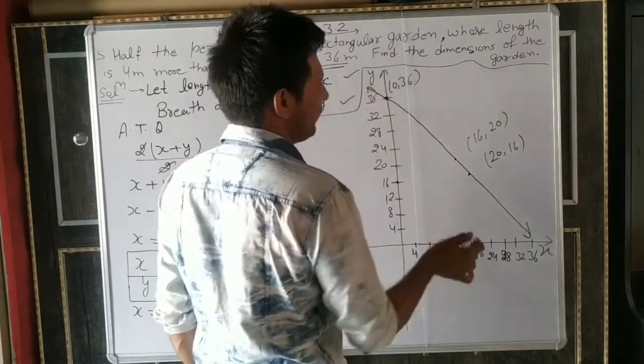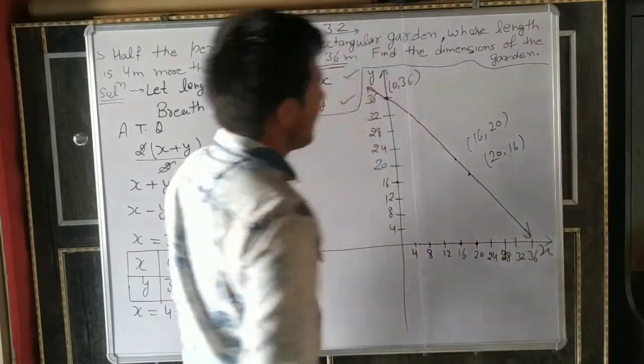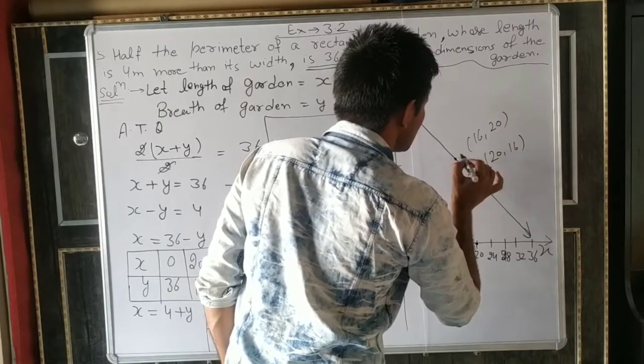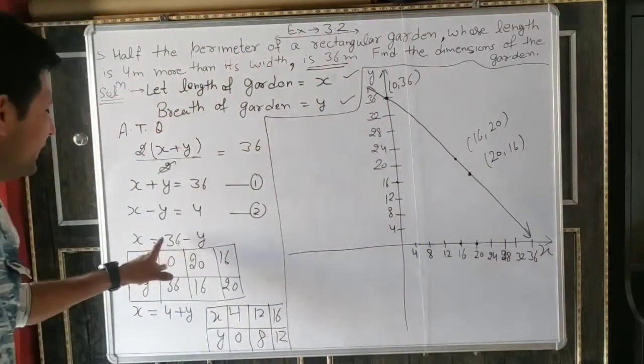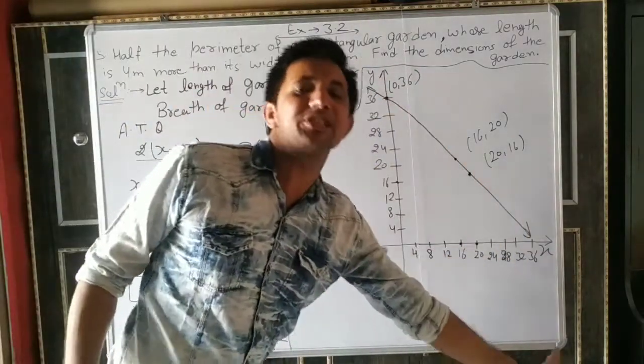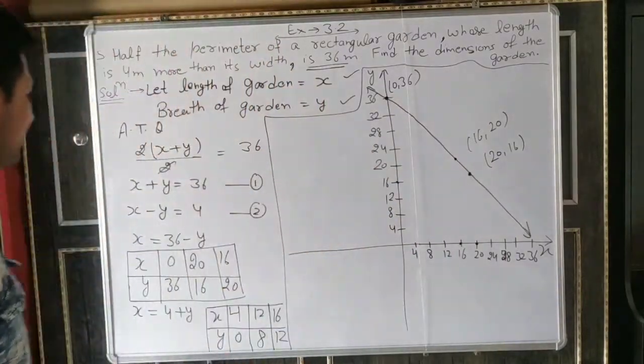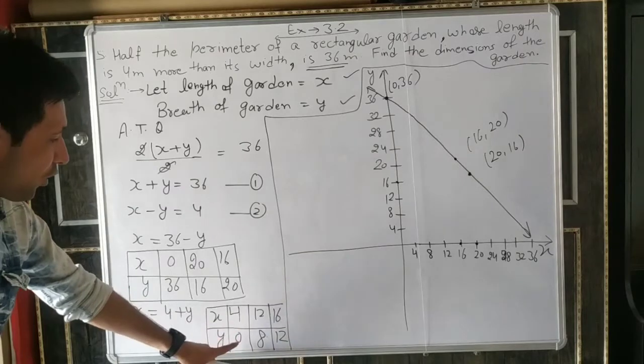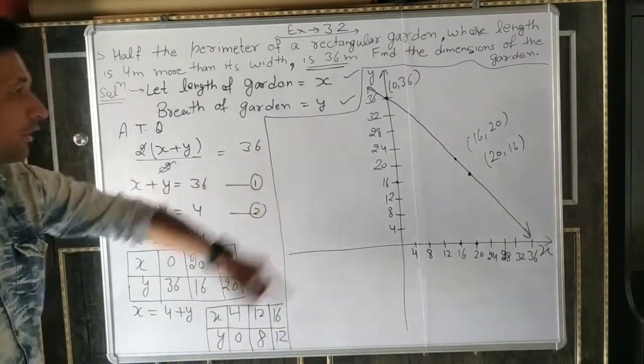You have to make it with scales, understand it? And I have already told you the graph of a linear equation is always a straight line. You can check it, it is a straight line.